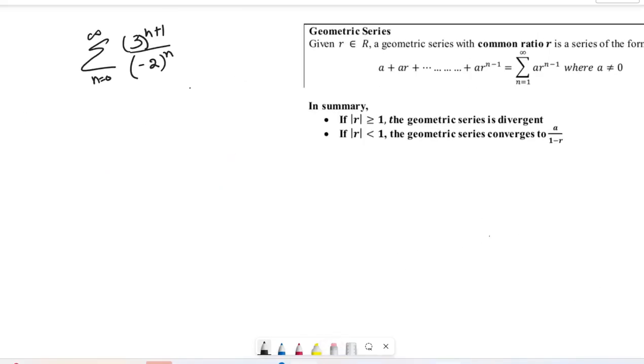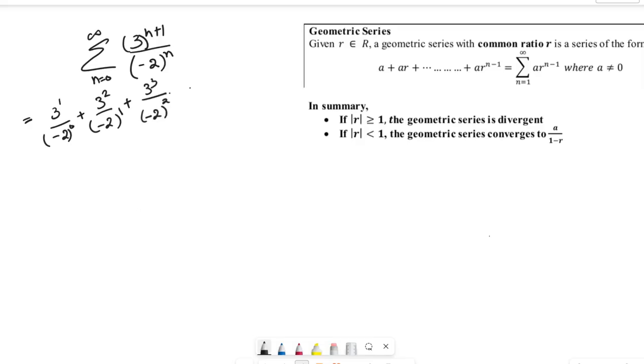Here we have another example of a series which is given in the summation format. I like to see it expanded a little bit to notice how it behaves. When I put 0 in here, 3 to the power 0 plus 1 is 3, divided by negative 2 power 0, plus 3 to the power 2 by negative 2 to the power 1, plus 3 to the power 3 by negative 2 to the power 2 and so on to infinity.